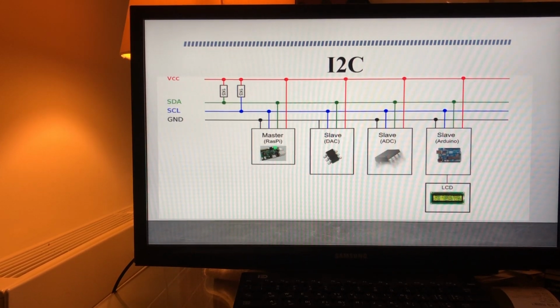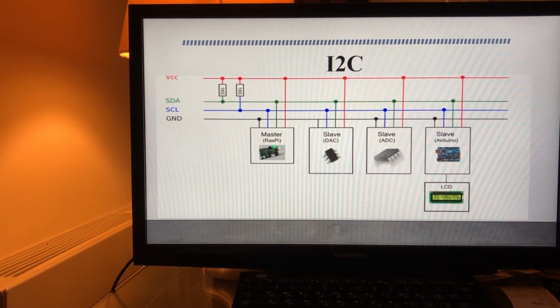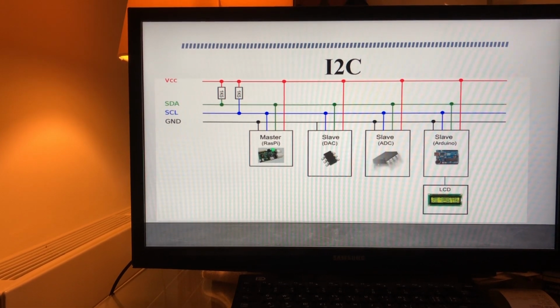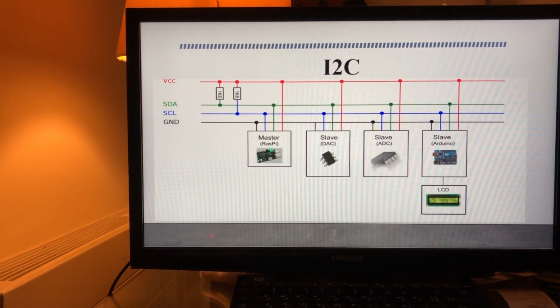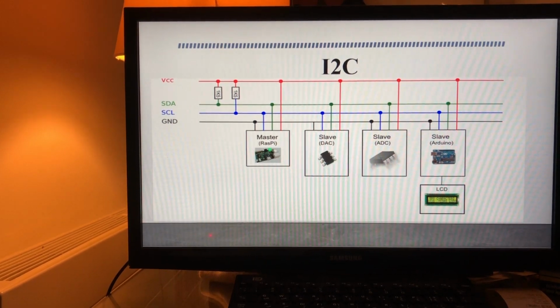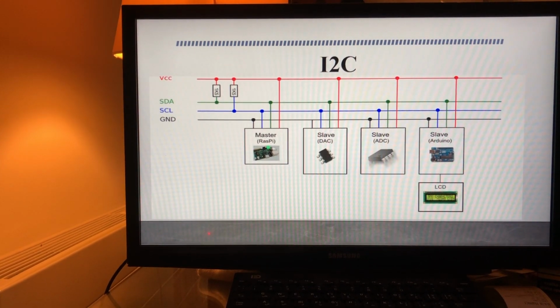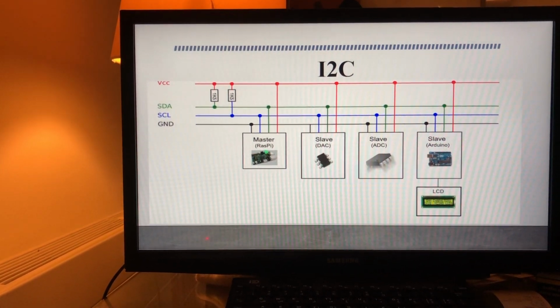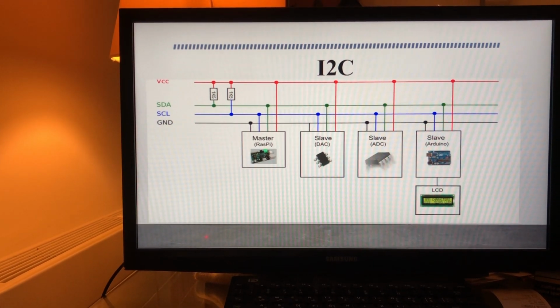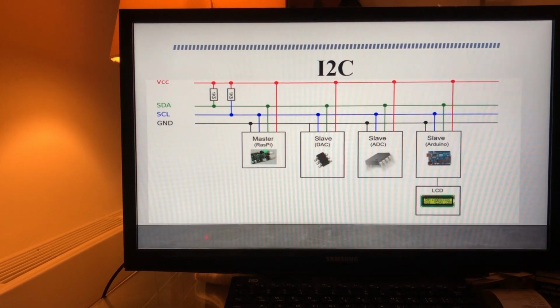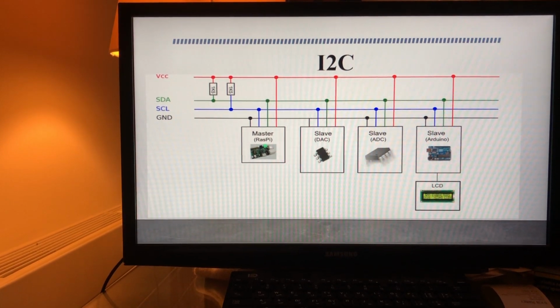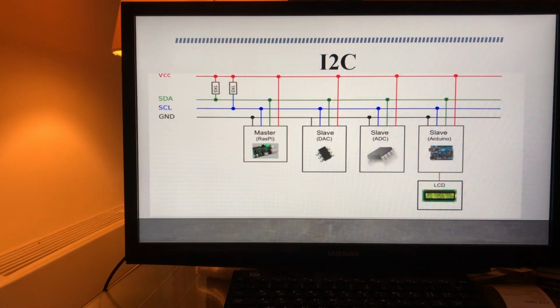You can connect a large number of devices on these two wires, up to 40 devices or more. The question is how the master device knows which device to transfer to. That's done by addresses. Each device has a unique address.